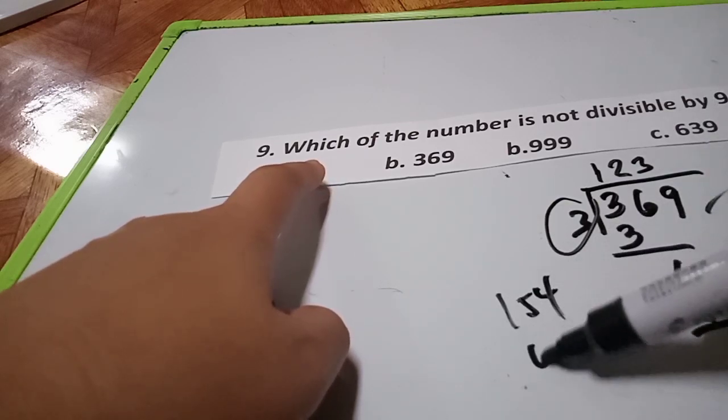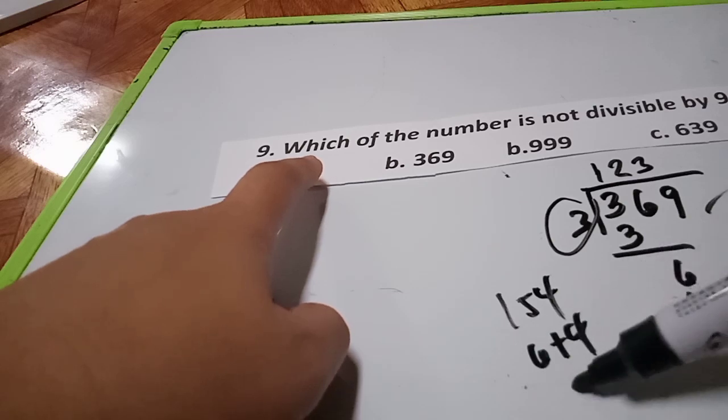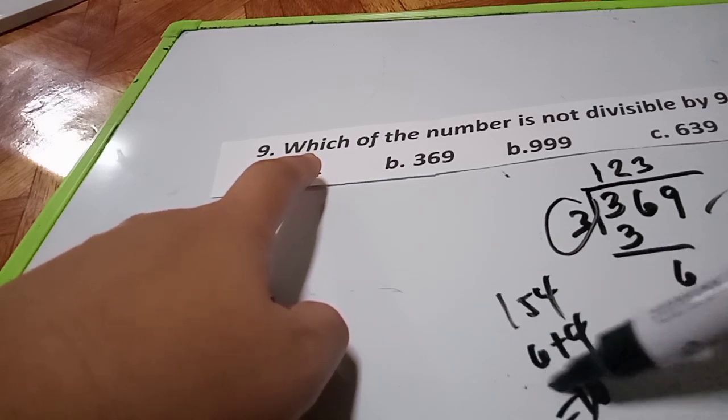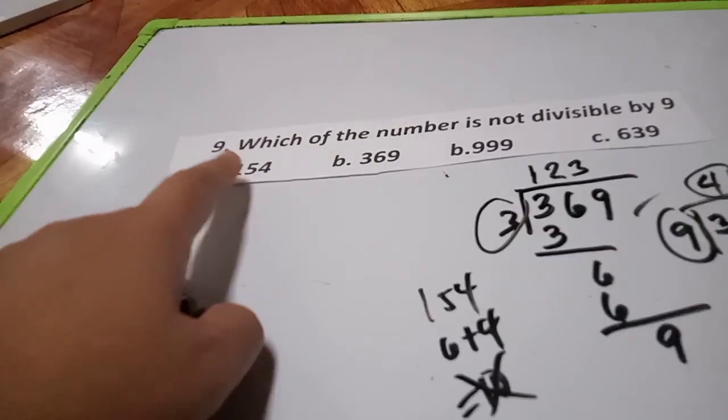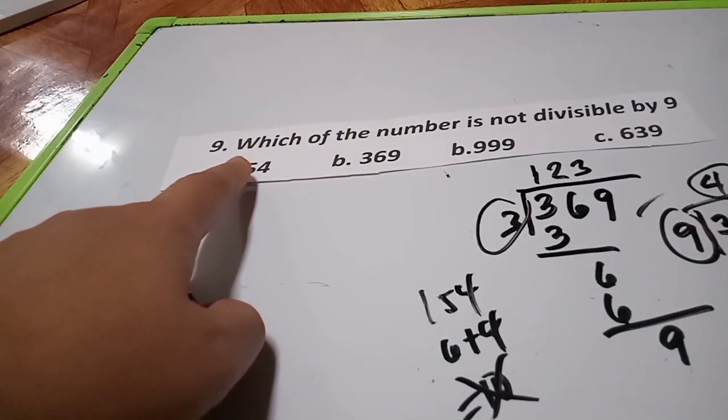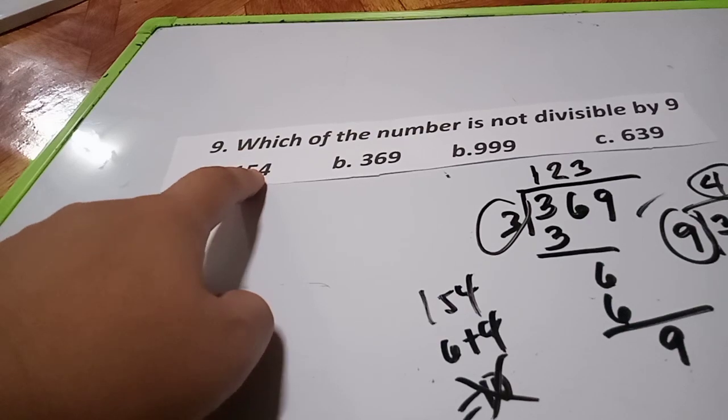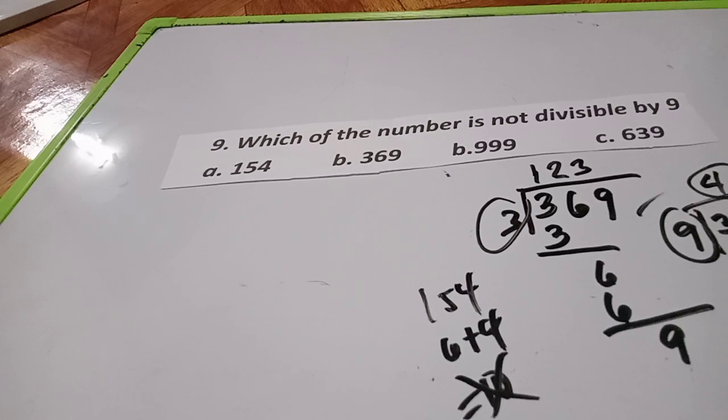If you will add, this will become 6 plus 4 and 10. So, this is not divisible by 9. So, which of the numbers is not divisible by 9? It's letter A. 369 and 639 are divisible by 9 because they can be divided by 3 and 9. Okay, let's proceed for number 10.